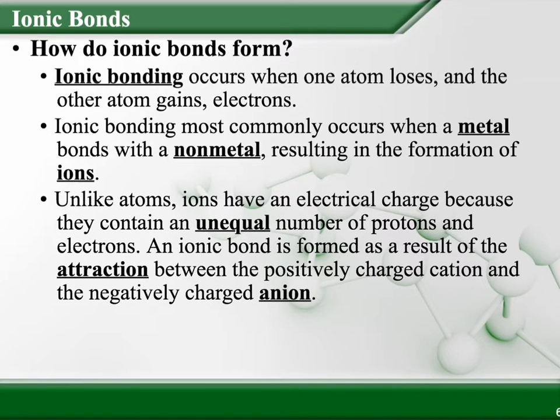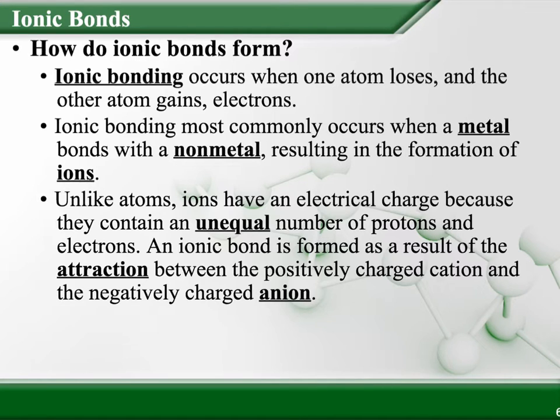So in our last chapter, we really focused on ionic compounds, and we learned that ionic bonding occurs when one atom loses and the other atom gains electrons, and it occurs when a metal bonds with a nonmetal. And we have the formation of ions, which are charged atoms, and they're charged because they no longer have an equal number of protons and electrons.